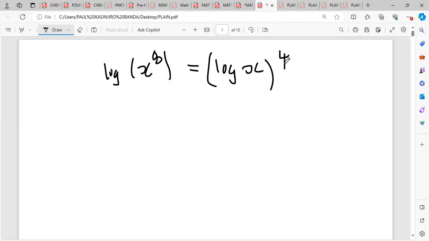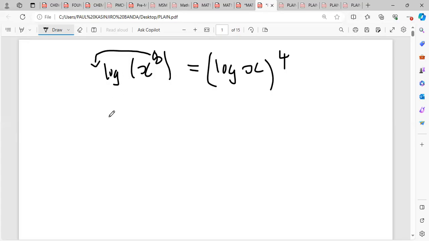So how do you solve such a question? For you to solve such a question, you have to use the let method. You let any letter of your choice be equal to log x. On this side, we know there's a property that says that if I have a power here, this power can drop down and come in front.